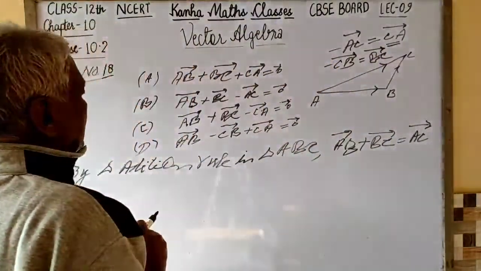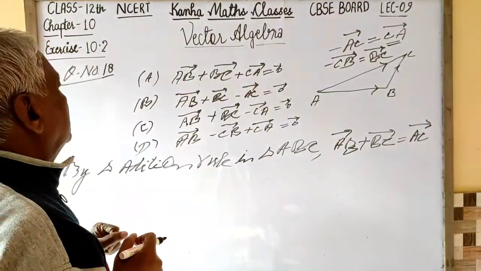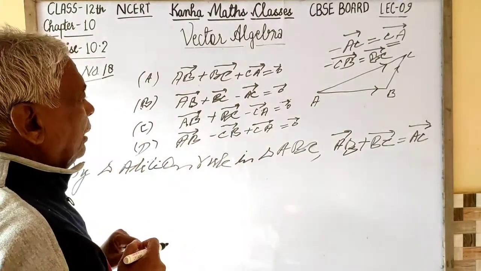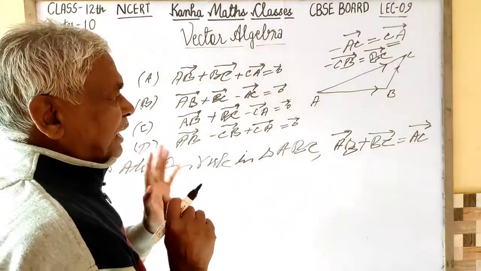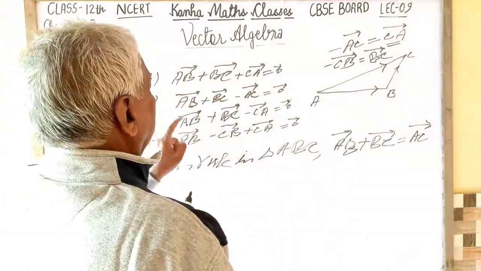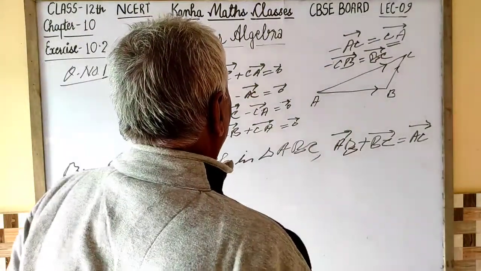In this way we observe that options A, B and D are similar.